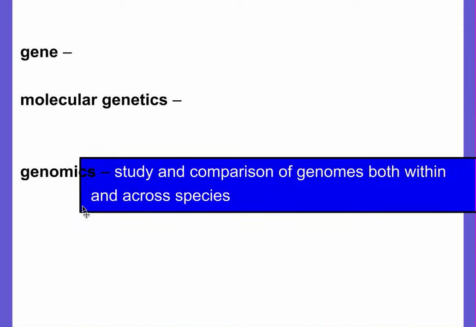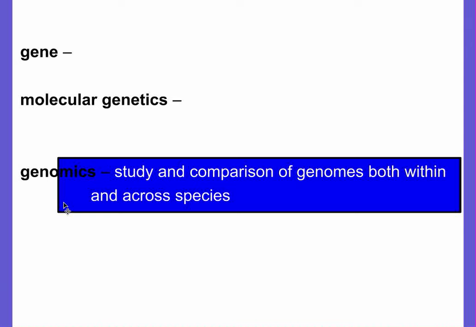Genomics is a study and comparison of genomes both within and across species. So when you look at those collective genes that are inside of each of your cells, and then you compare those to other humans, and then maybe even compare those to other animals in general, right?